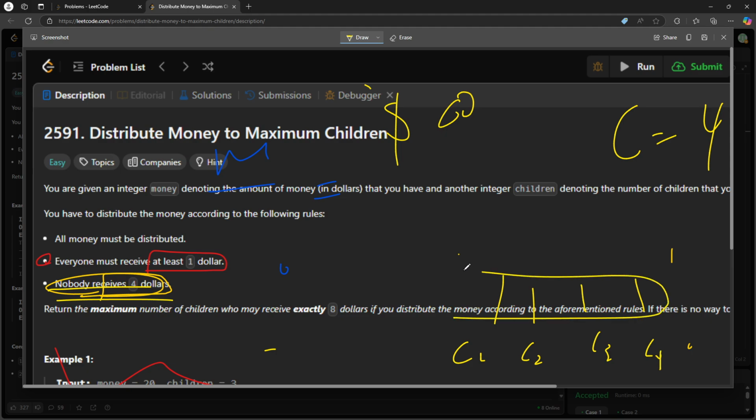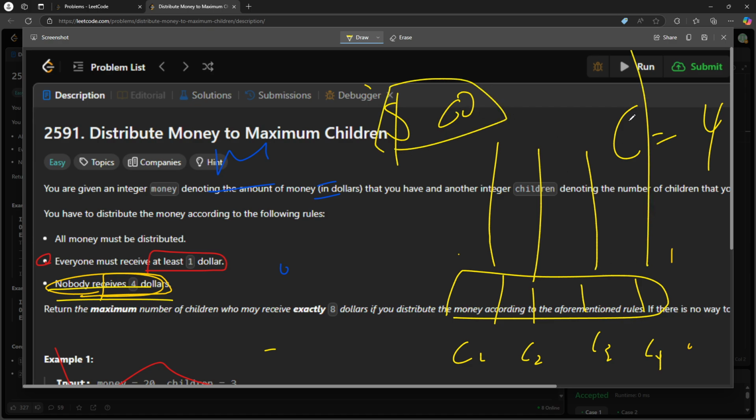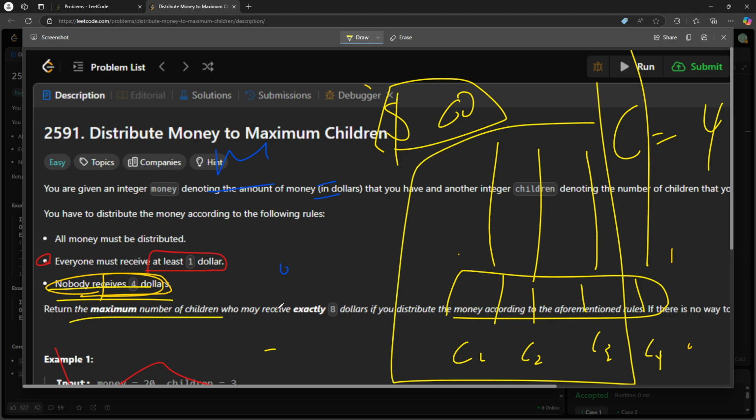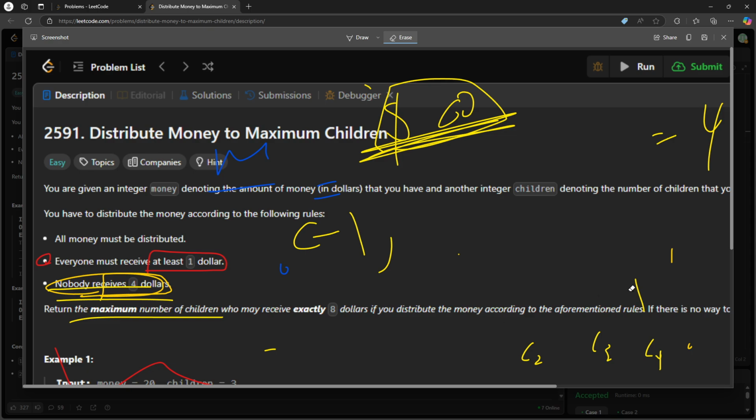Initially, you get $1 for each, and then you can stack 7 here, stack 7 here, stack 7 here, and then the remainder dollars will be stacked to the last guy, and then you will return the maximum number, which is 3. So in this scenario, it's going to be children minus 1, but this is considered when you have too much money, right?